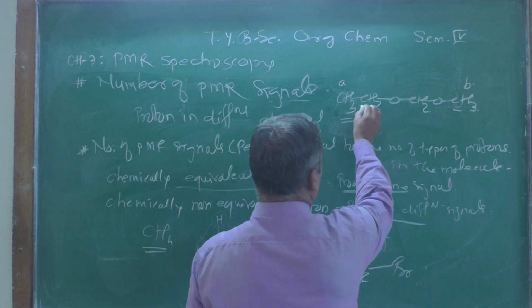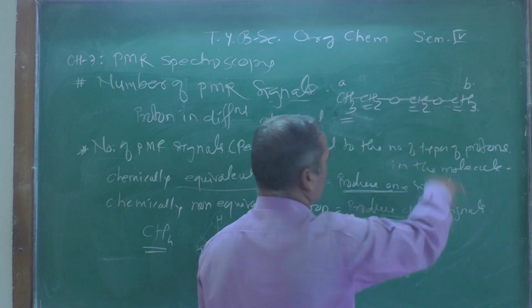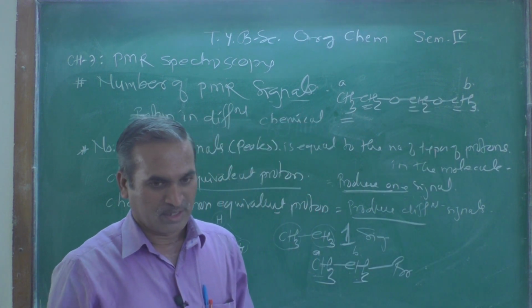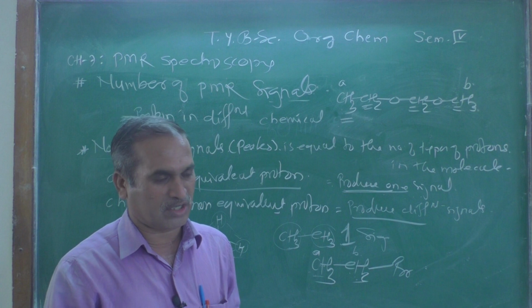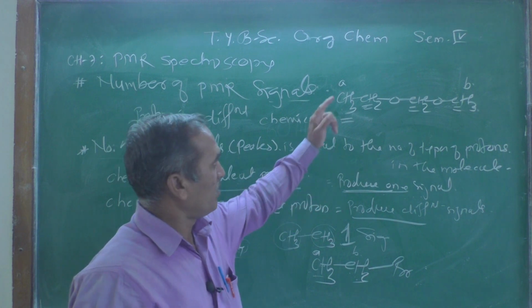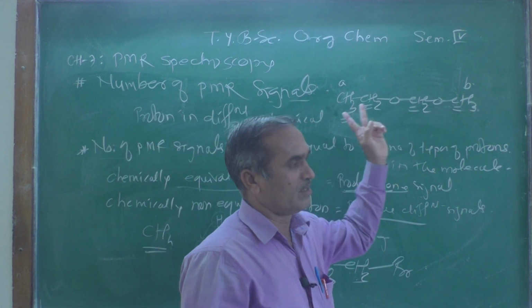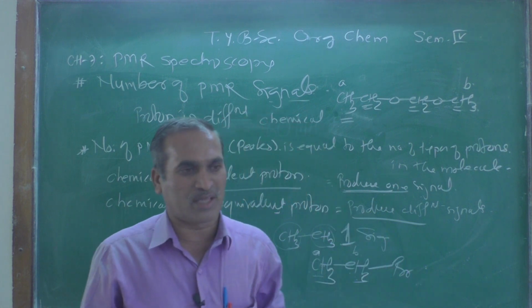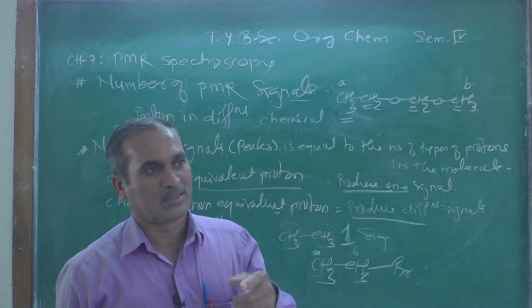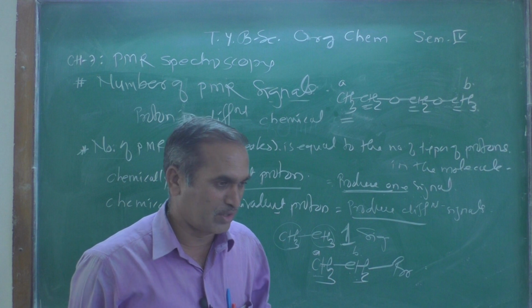Now look here, this is a CH2, and this is also a CH2. Similar to the two methyl groups, both are the same kind of group, but their surroundings are different.